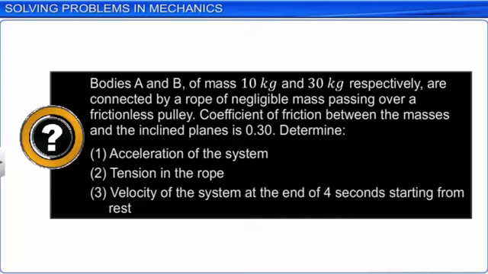The coefficient of friction between the masses and the inclined planes is 0.30. Determine the acceleration of the system, tension in the rope, and velocity of the system at the end of 4 seconds starting from rest.